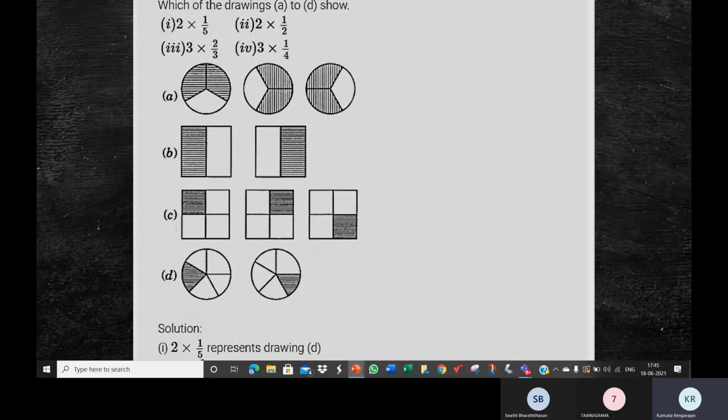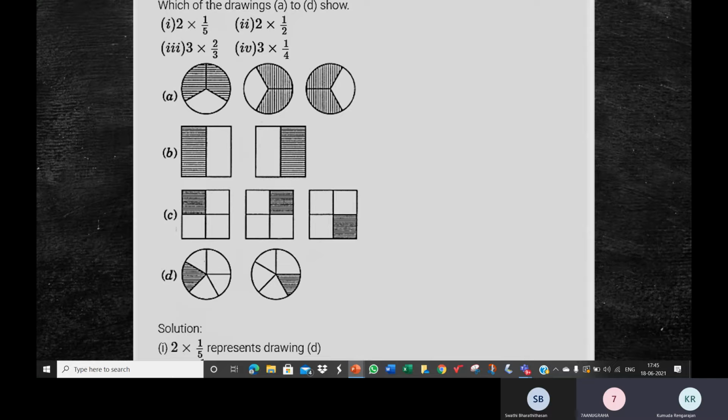Children, are we getting that? Yes, ma'am. Okay, and now it's Anugraha's turn. 2 into 1 by 2. Now you have to tell me which of A, B, C, D represents 2 into 1 by 2. Okay, ma'am. B, ma'am. Why?